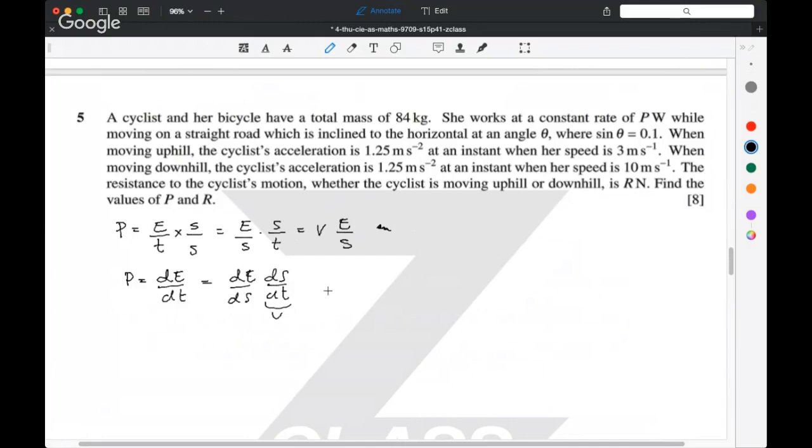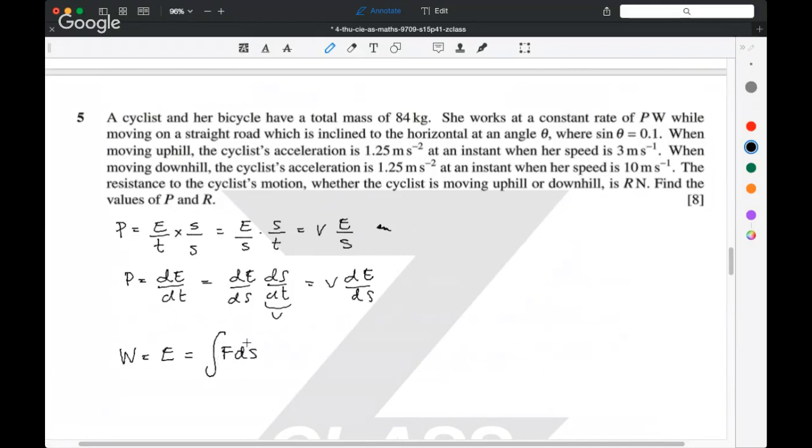Well, this is just velocity, so P is equal to velocity times dE/ds. Then we can look at the work. Work done is an energy, and we usually think of it as force times distance, but really it should be the integral of the force over the distance, because the force might depend on distance.